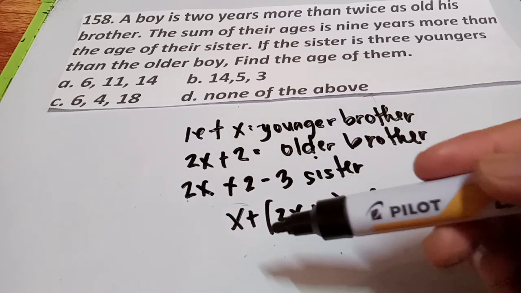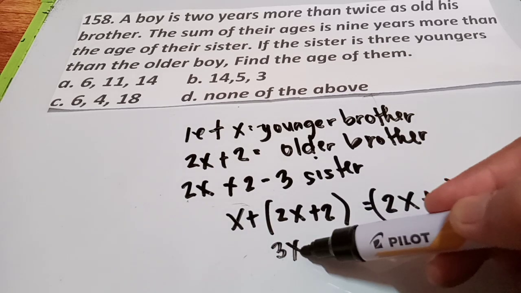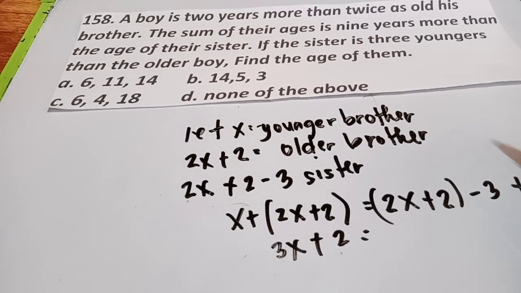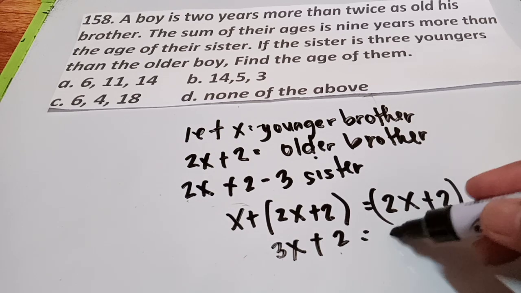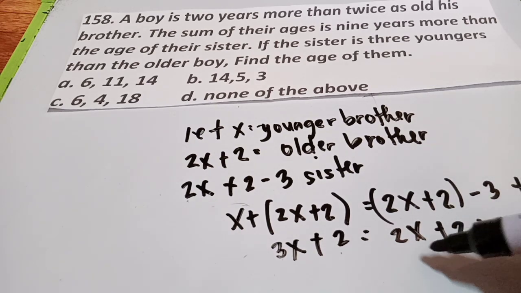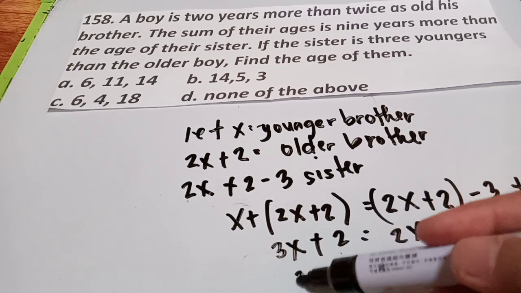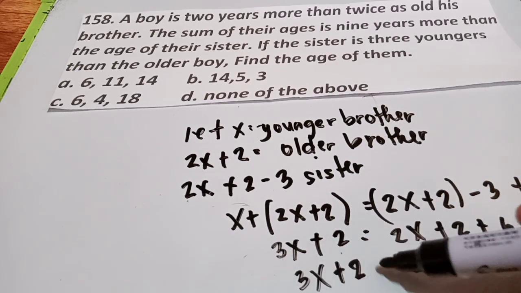So x plus 2x, we have 3x plus 2. And then, after that, we have negative 3 plus 9, which will become 6. So, 2x plus 2, and the answer is 2x plus 8. And then 3x plus 2.